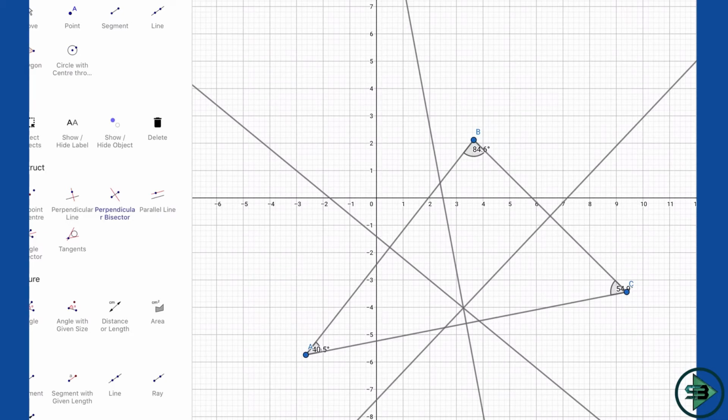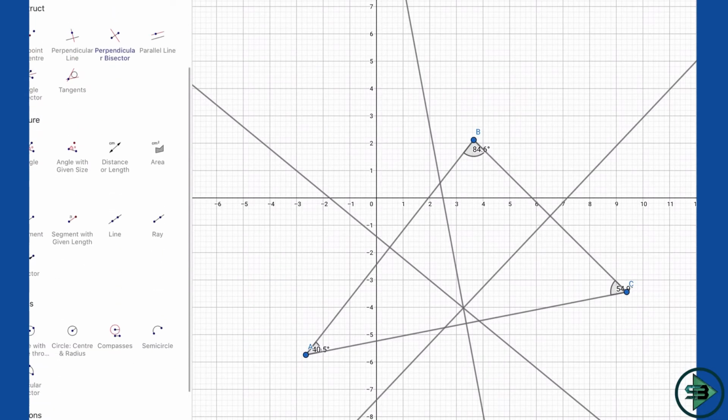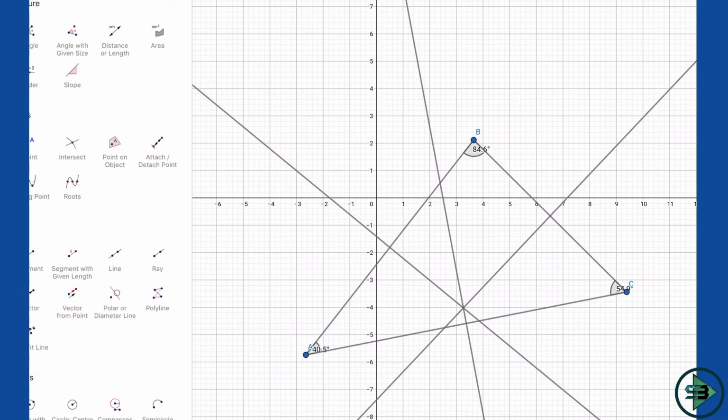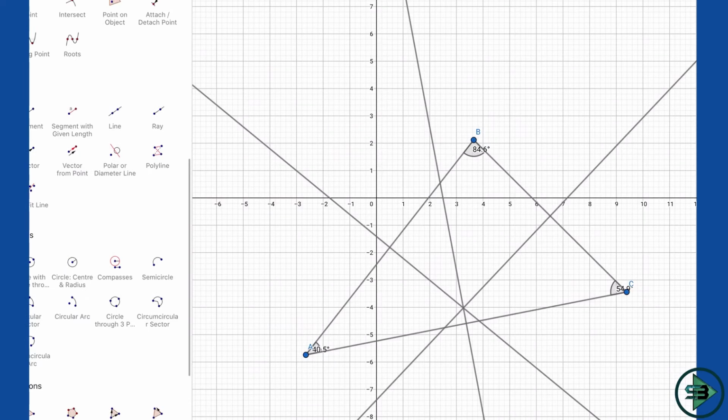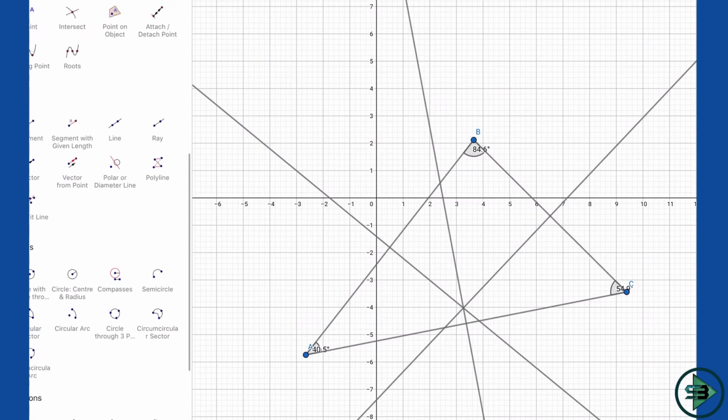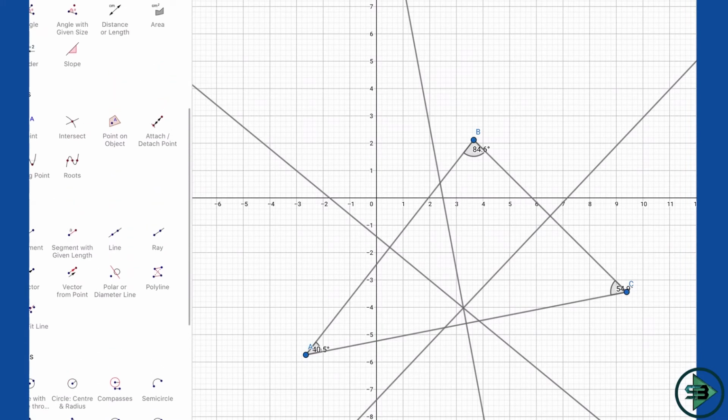Okay, and the intersection point of all of them, I'll take that now. So let us make a point that is intersecting all three, and we'll put it here as an intersection.